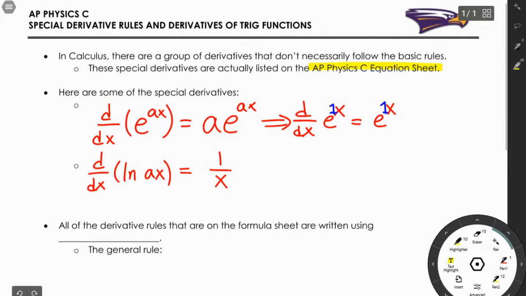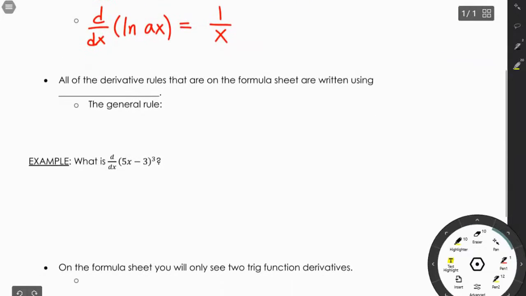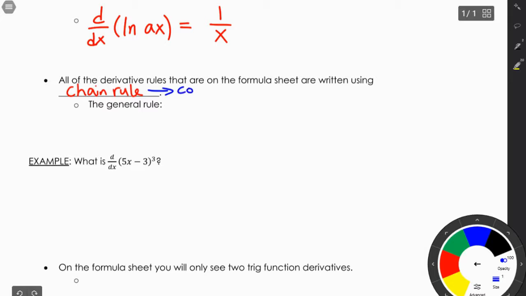Now, as I mentioned, all the derivative rules on the formula sheet are written using what is called the chain rule. The chain rule helps you with derivatives of those composed functions, those functions that are like f of g of x, right?